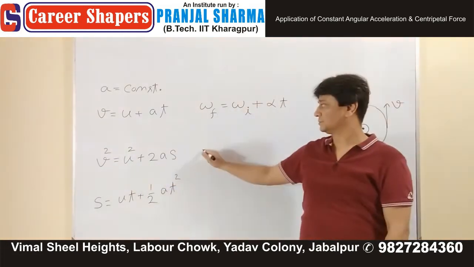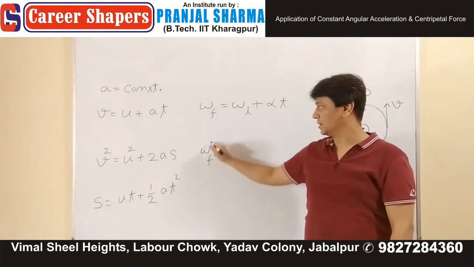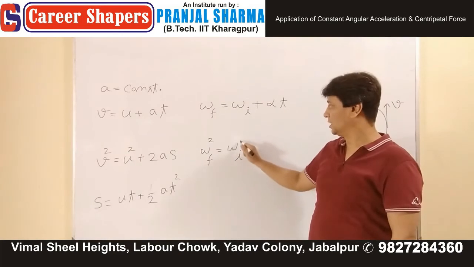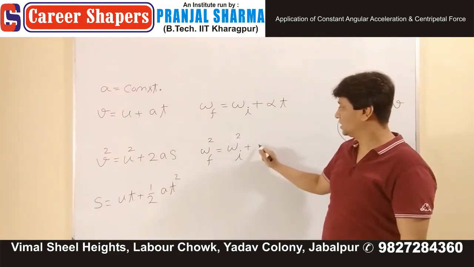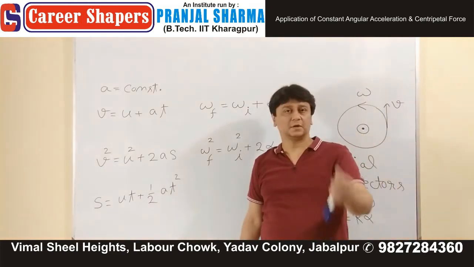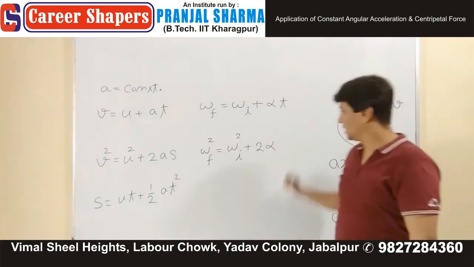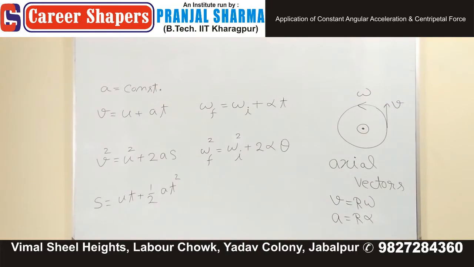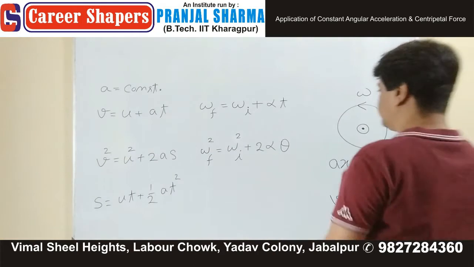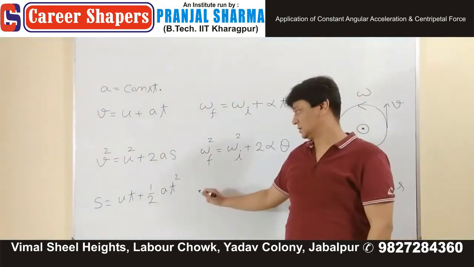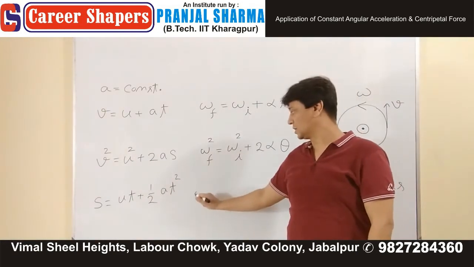This: omega final square equals omega initial square plus 2 alpha. What is S? Displacement. It becomes what? Theta, which is angular displacement. Last one. What is S? Displacement. It becomes what?